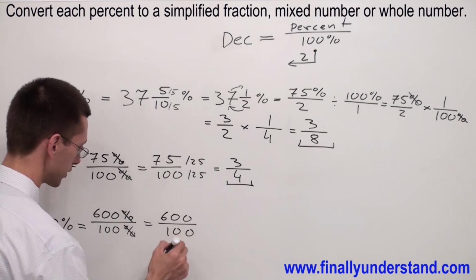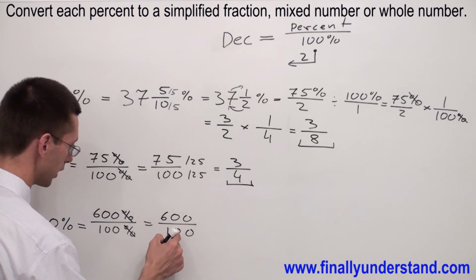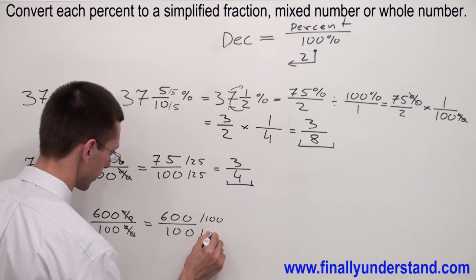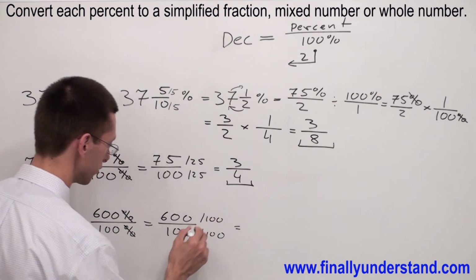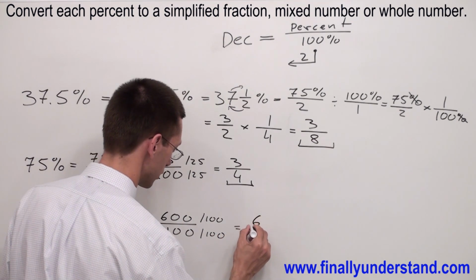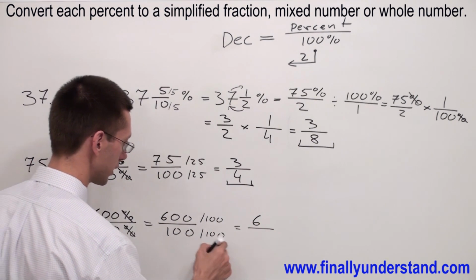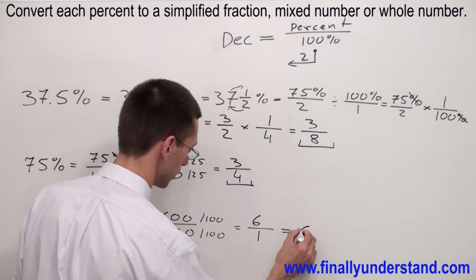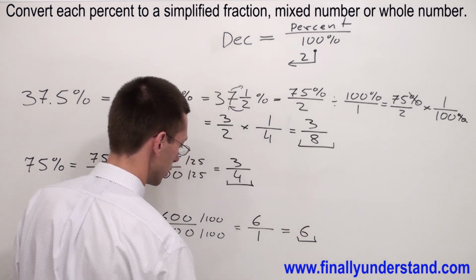I'm doing everything step by step. 600 and 100, both of them are divisible by 100. 600 divided by 100 is 6. 100 divided by 100 is 1. 6 divided by 1 is equal to 6. This is the solution to this problem.